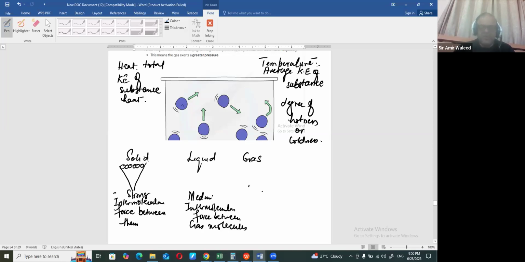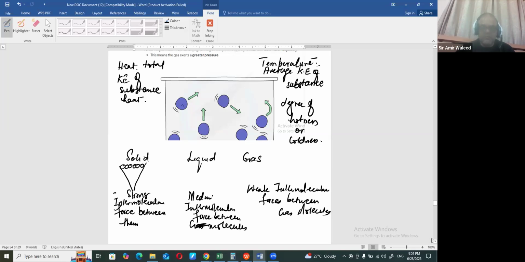They have very weak intermolecular forces between the gas molecules.